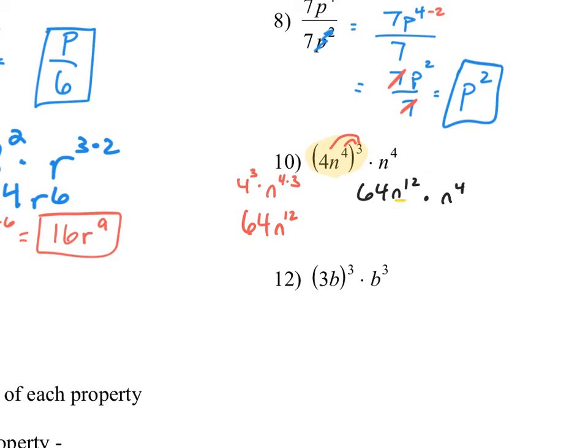We have 2 like bases here, and then the coefficients out in front are 64 and then 1, because nothing was in front of the n to the 4th. So you end up with 64 and then n to the 12 plus 4, which reduces to 64 n to the 16th.